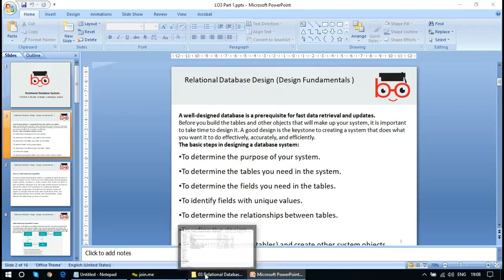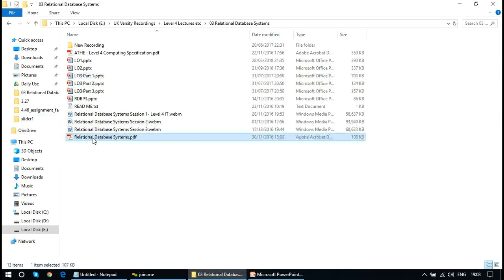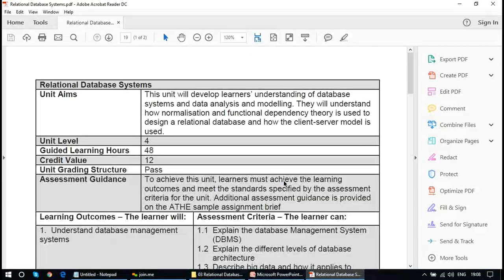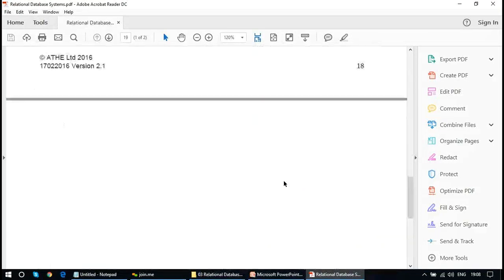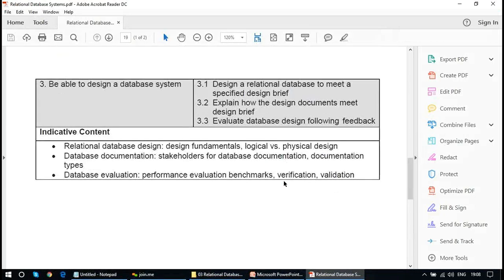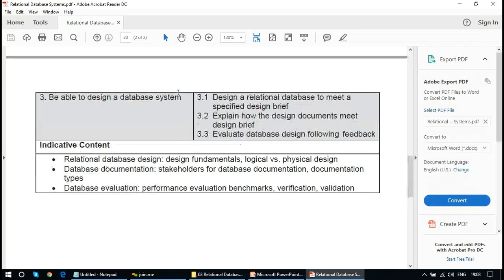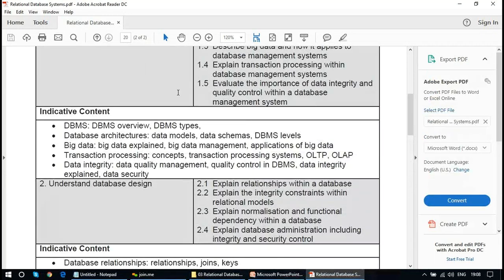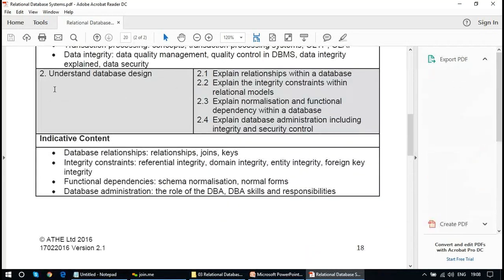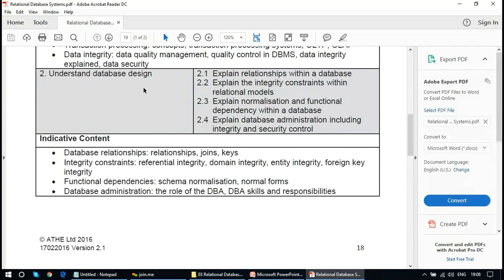Now, let me catch up with the highlights of the learning outcome: be able to design a database system. In learning outcome 2, we were talking about understanding of database design.